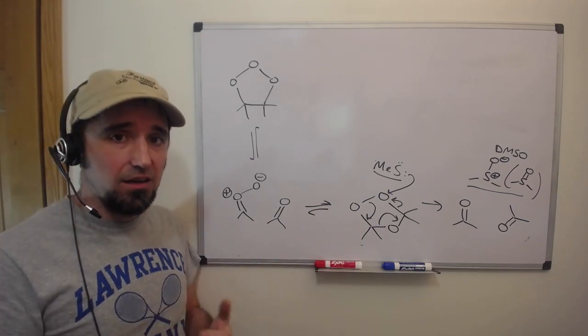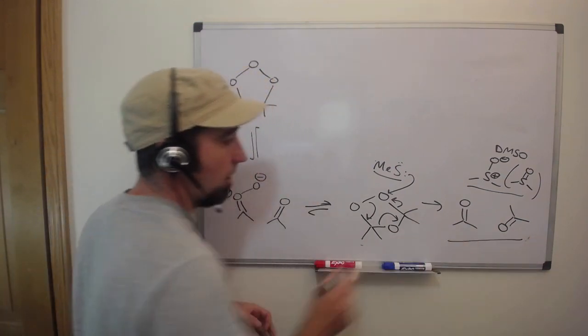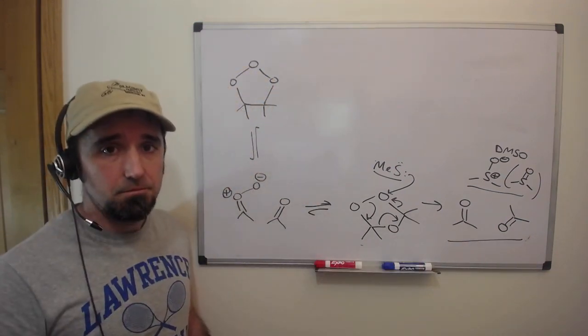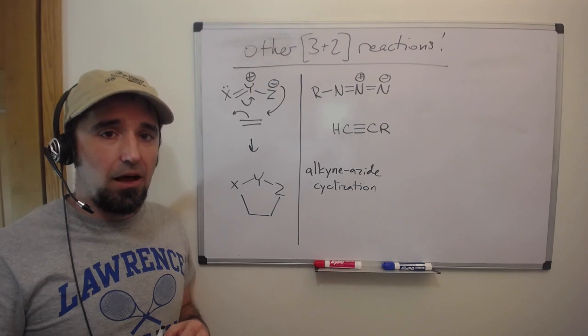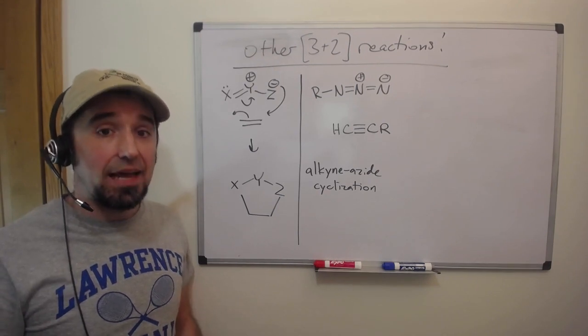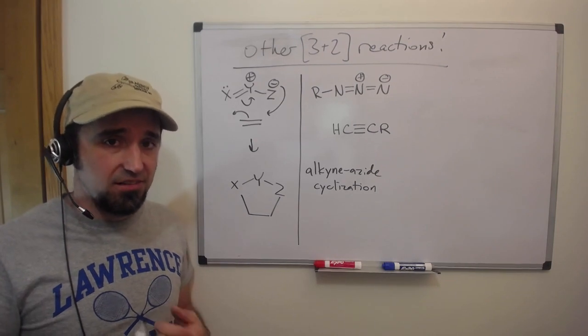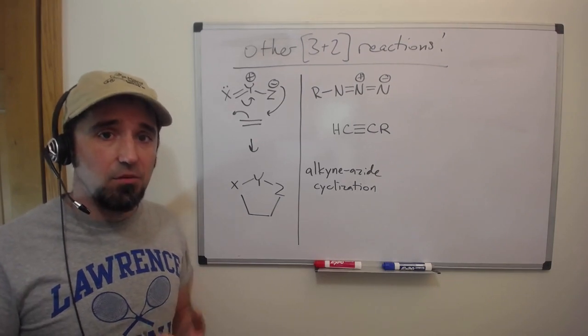And we're going to need our reductive workup to get our carbonyl compounds that we want. Ozone addition to alkenes is just one example of a 3+2 cycloaddition. Again, similar to the Diels-Alder reaction, 6 electron concerted process.